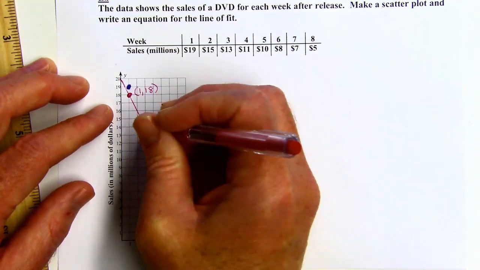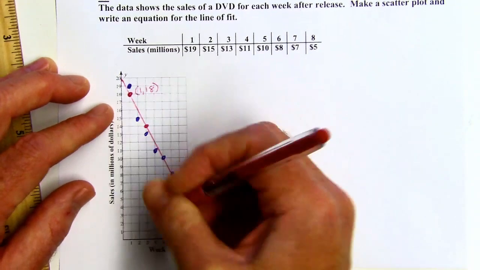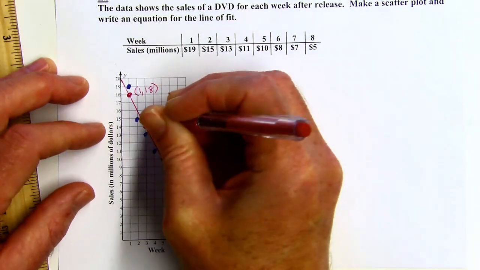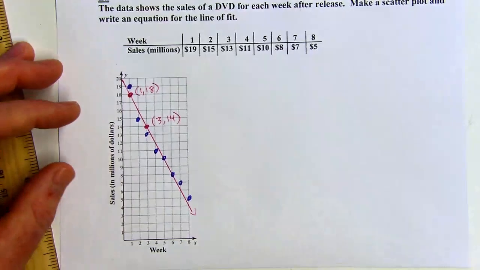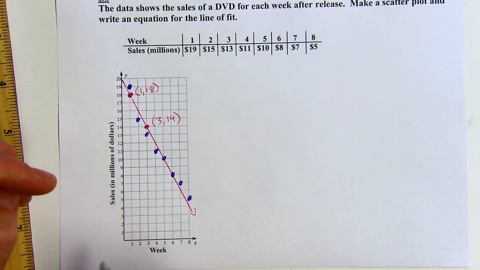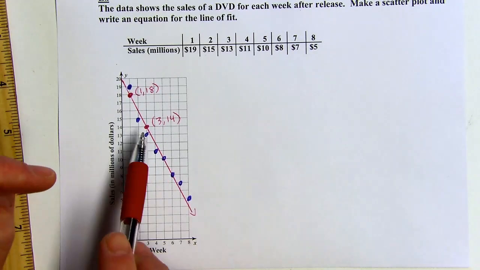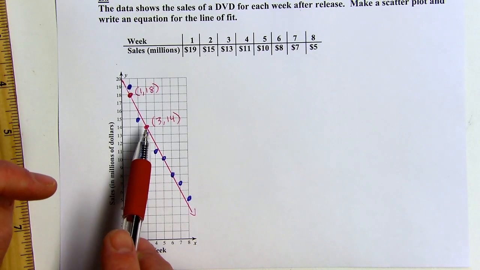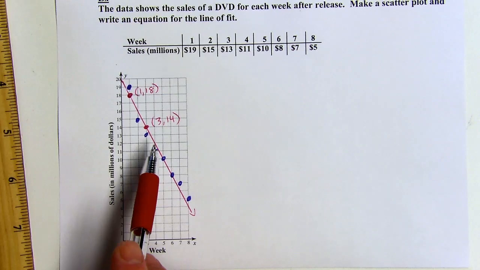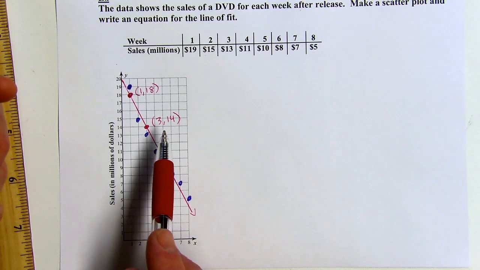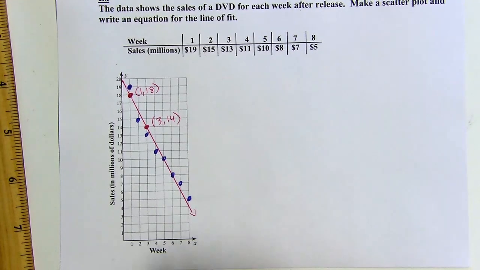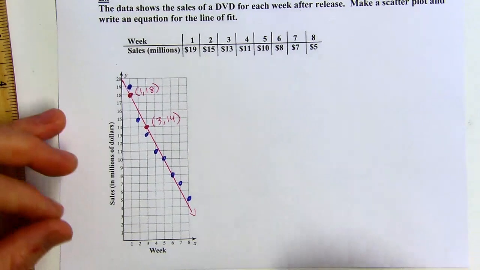And then let's see, this one would be 3, 14. So now I can write an equation using those 2 x-y pairs. If you can't find points that are exactly on the line, if it's very close to the line, that would work too. It just makes it easier if you use integer points like I did instead of decimals or fractions, okay?